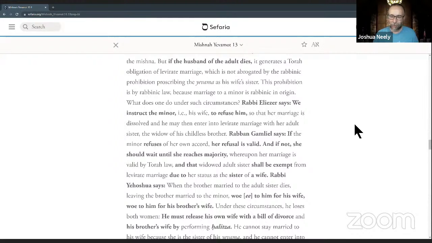In fact, he's going to marry your older sister. That is the general plan. So that frees him to execute the levirate requirements with the older sister. So that's Rabbi Eliezer's solution to this. We just give her instructions to go ahead and refuse the husband that is appointed to the younger girl.